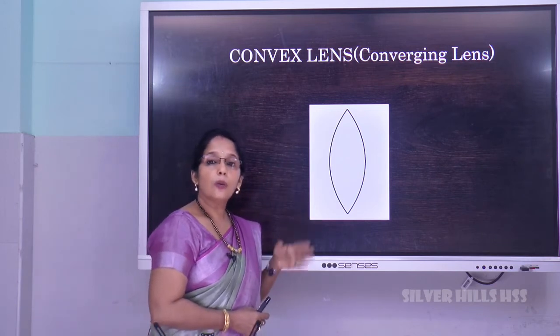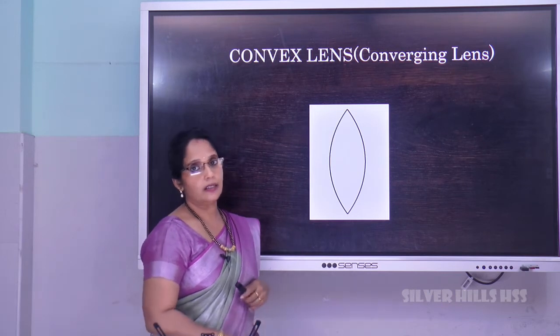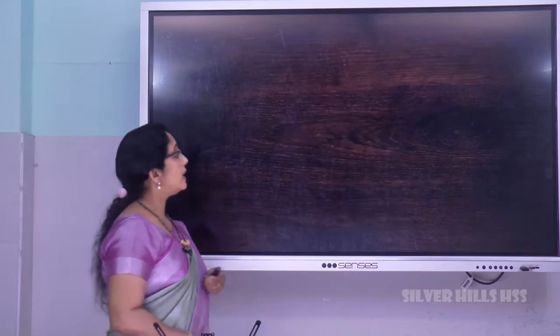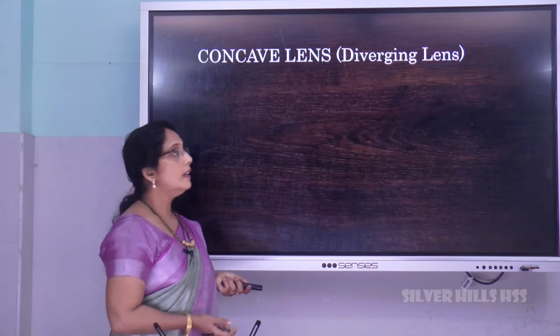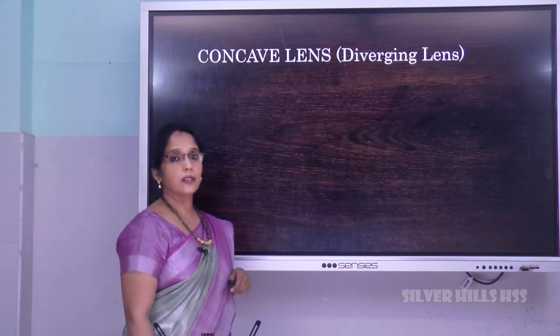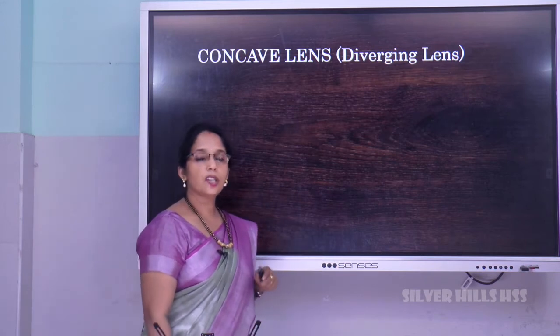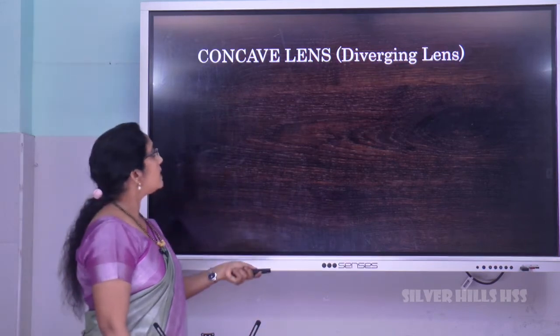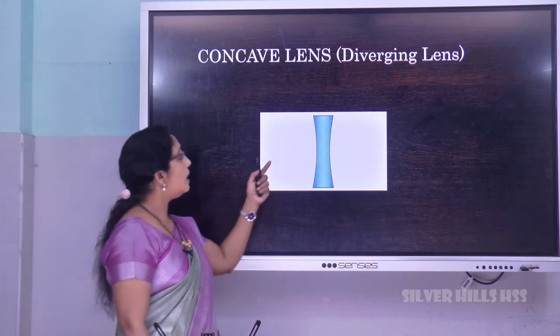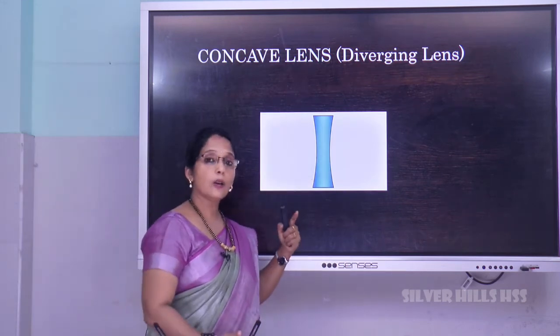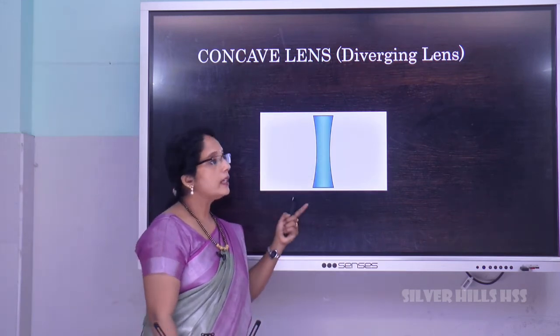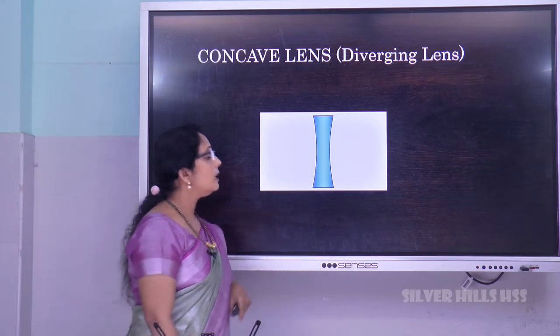So this is called a converging lens. Another lens is thin at the center and thick at the edges, and this lens is called a concave lens or diverging lens. So concave or diverging lenses are just the opposite of convex lenses: thin at the center and thick at the edges.